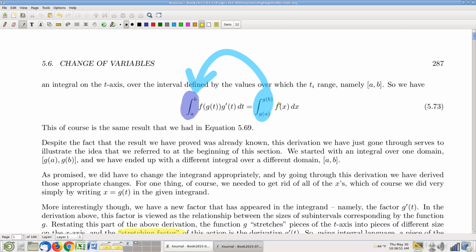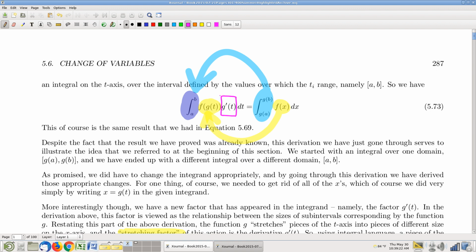For f of x, you've got to rewrite x as g of t, but that's not really a cost. That's just writing it in terms of the variable that you want to do business with. It's not really doing anything. The cost is in this g prime right here. That's the extra factor that you have to stick in.